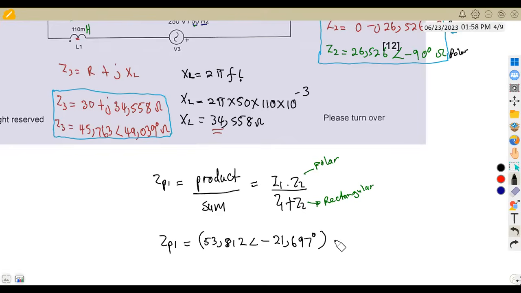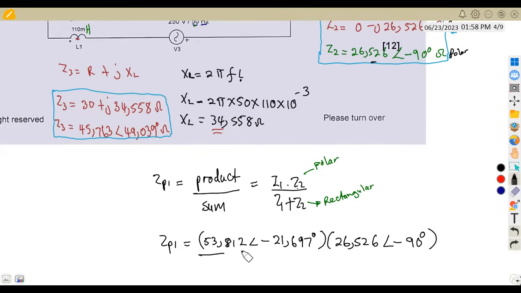So it's the product, meaning we are multiplying by Z2, which simply means we can just open a bracket. Z2 must also be in polar form. So we are taking our Z2 in polar form, which is 26.526 angle of minus 90 degrees. So this is going to be multiplied over the sum.